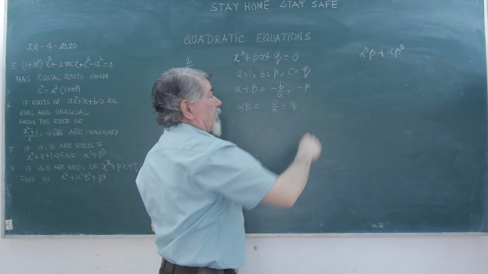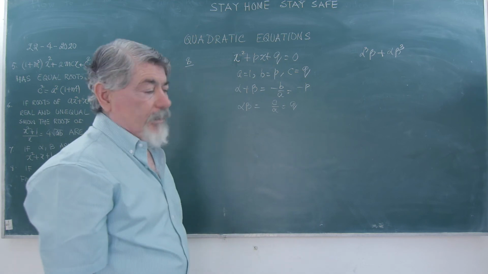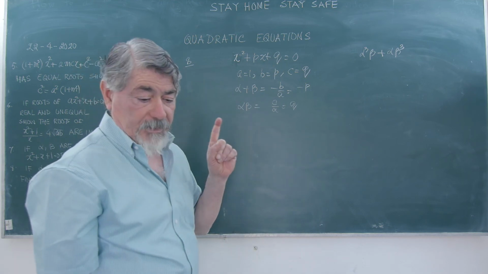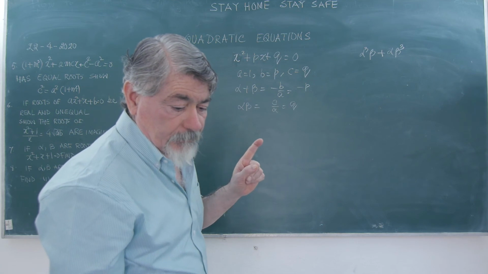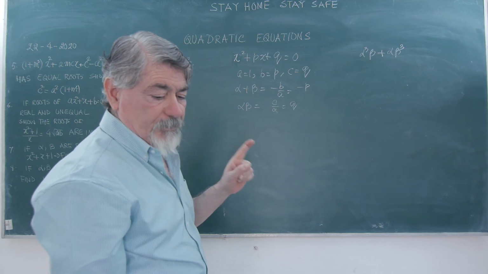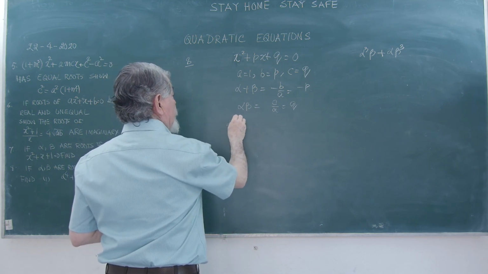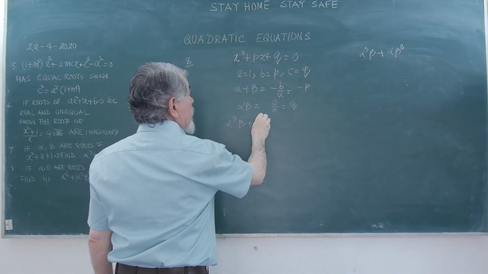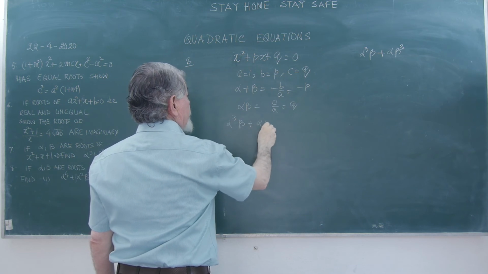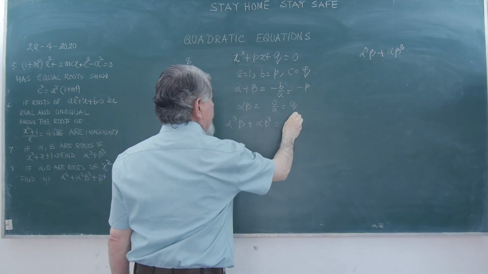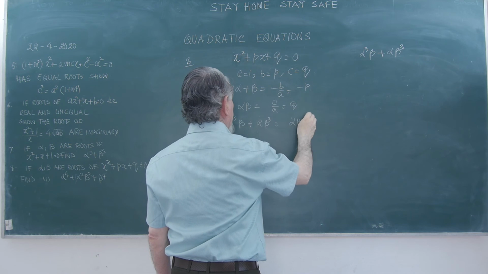Now I have to calculate the value of alpha cube beta plus alpha beta cube. So I'll take alpha beta common.